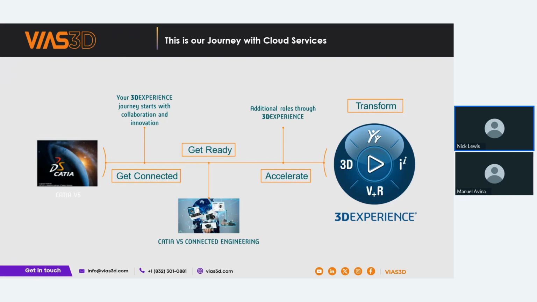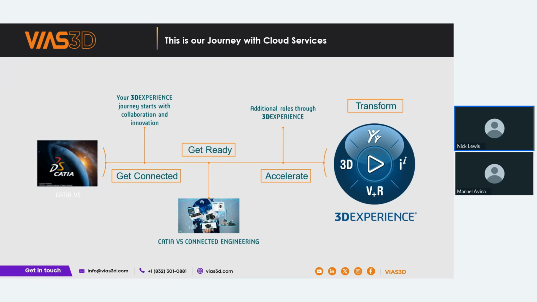Several companies are already heavily invested in CATIA V5, and the transition can seem daunting, but it doesn't have to be. So we've broken this down into a step-by-step approach to ease ourselves into this solution transformation, rather than proverbially flipping the switch or ripping the band-aid off.